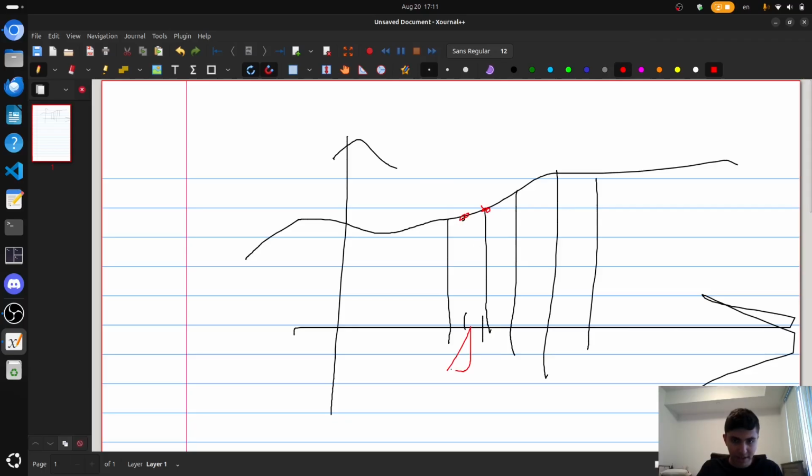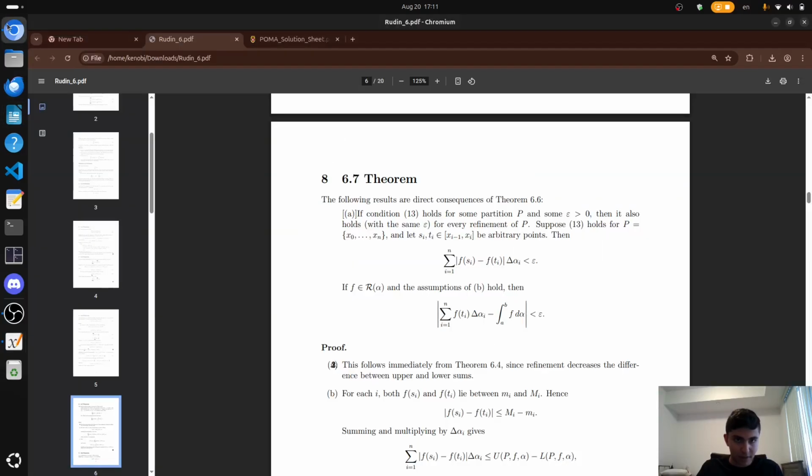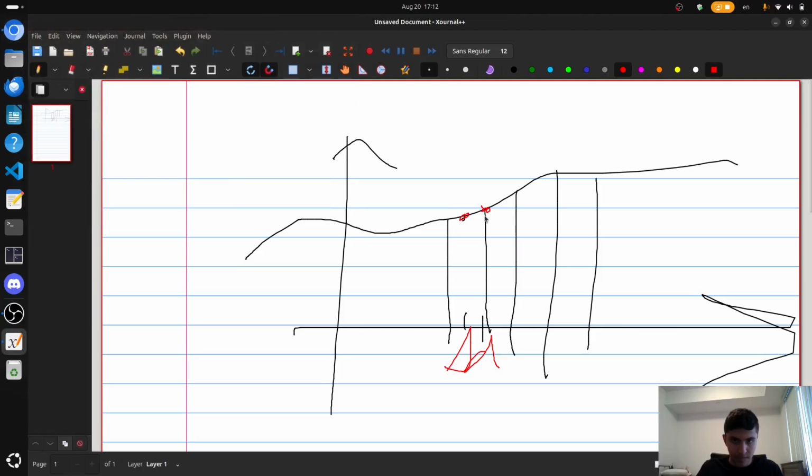And let's say this is delta alpha, right? So at the end, you're just going to get a rectangle like this. All these rectangles, when you add them together, visually will be less than all this big rectangle stuff. So that's the visual way to see the theorem.